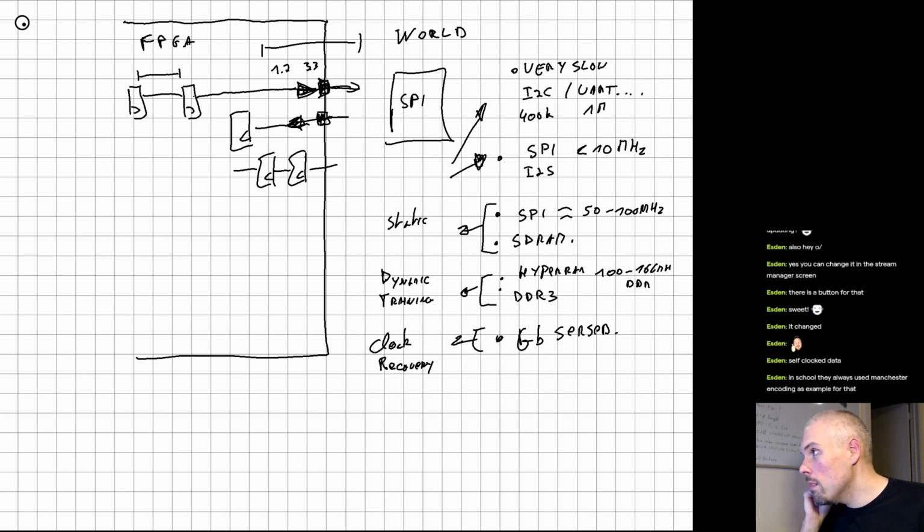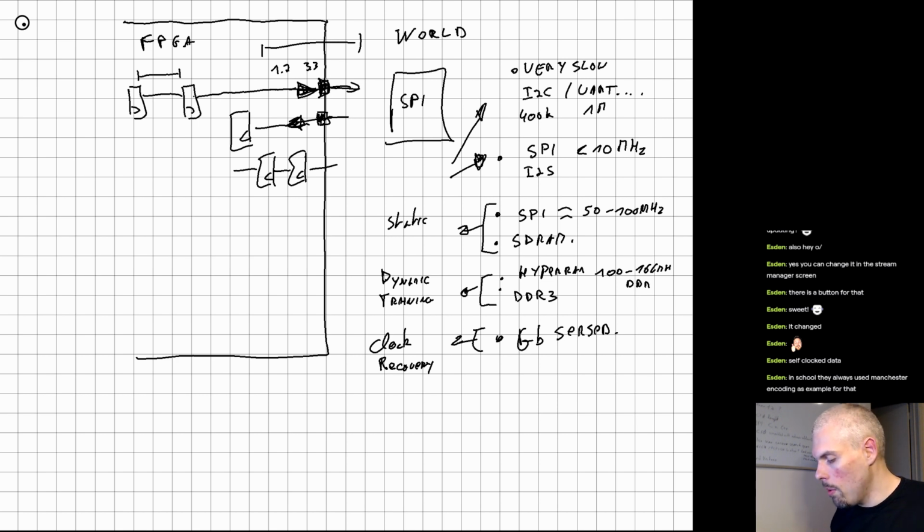Although technically, you can have some self-clocked data, like E1, the old E1 T1 line. They're self-clocked data, and technically you do have clock recovery, but you can do them in the iCE40 because they're slow enough, like 1 megahertz.